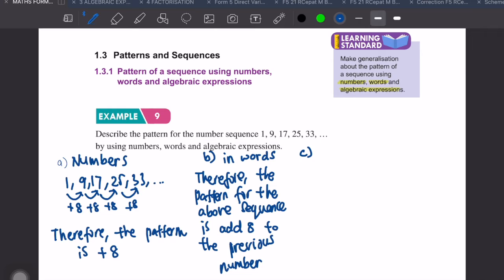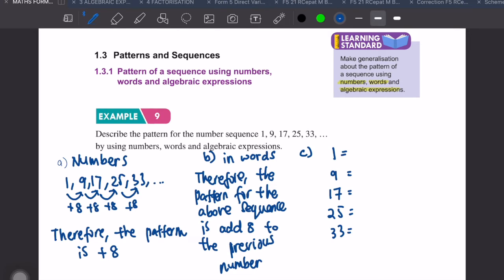I need to do it like this. The first one we have 1, and then we have 9, 17, 25, 33. So how to get 1?